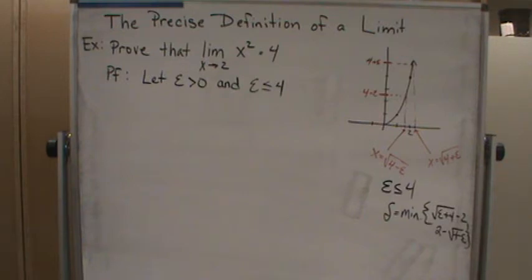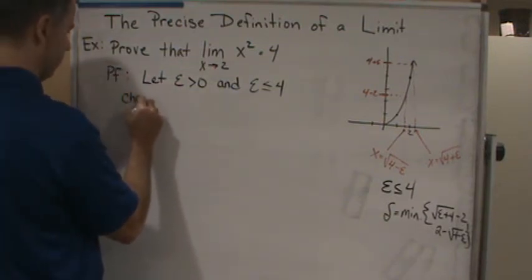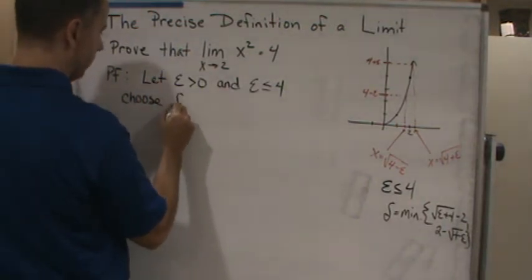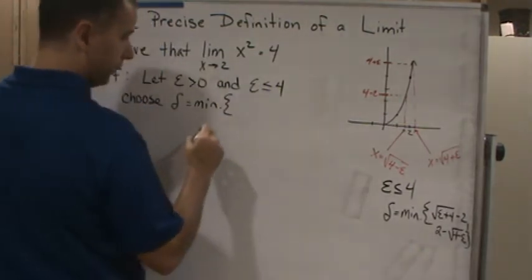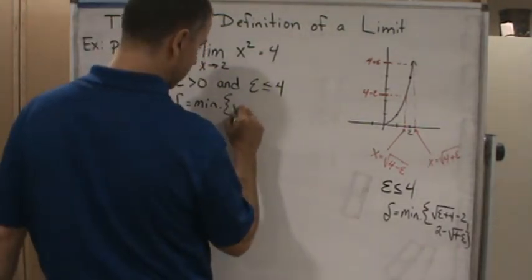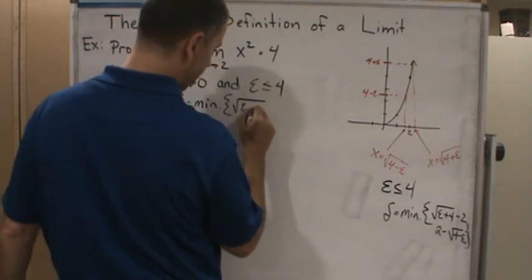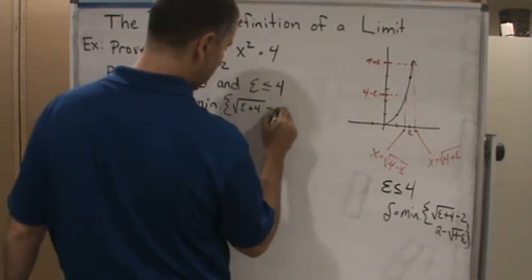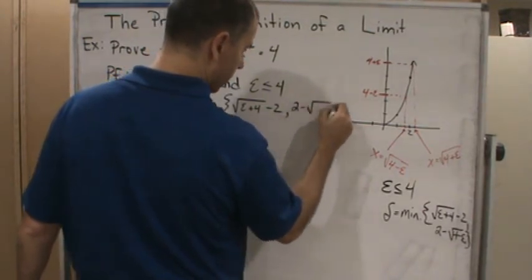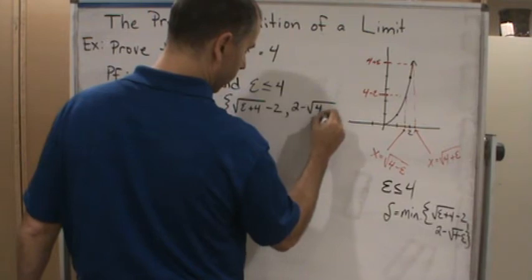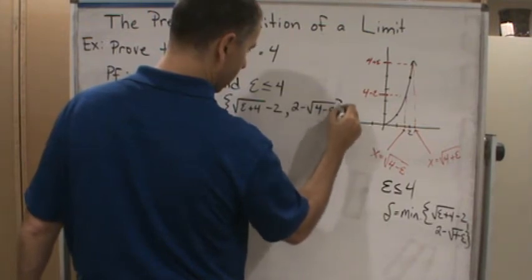Okay, so now choose delta equal to the minimum of either the square root of epsilon plus 4 minus 2, comma 2 minus the square root of 4 minus epsilon.